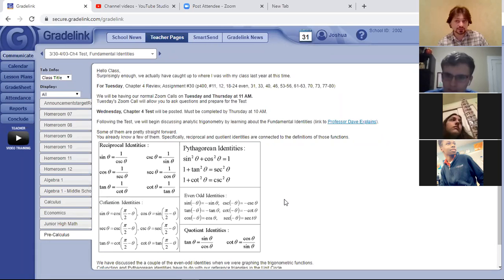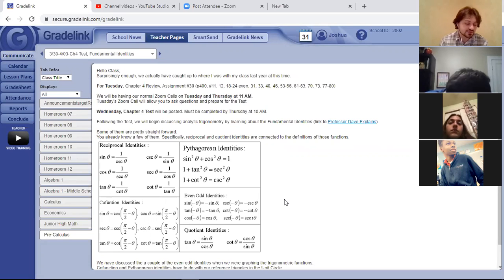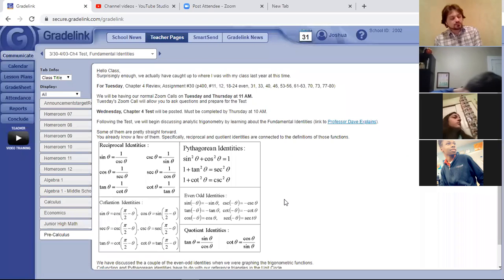So use that. 33, you have to find all 6 trigonometric functions of alpha in the triangle. So they identify angle A as angle alpha. I was just going to say that there's 6 things to that one problem. Yes, there are. Isn't 5, 12, 13 a Pythagorean triple? Yes, it is.